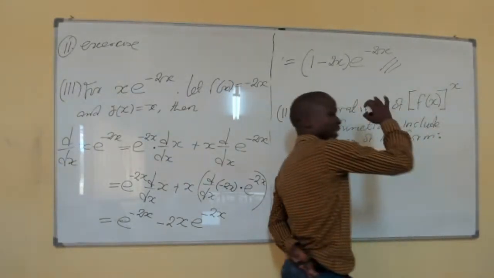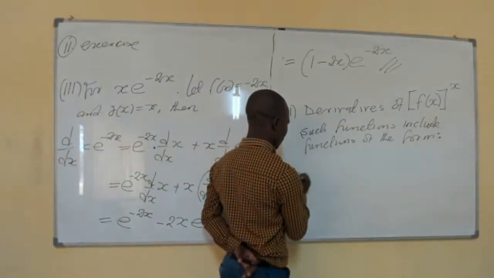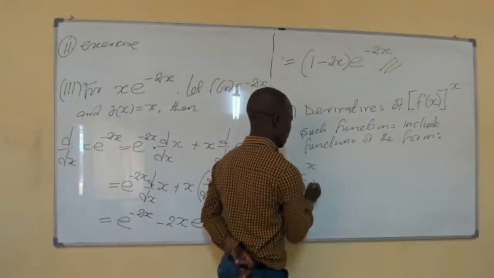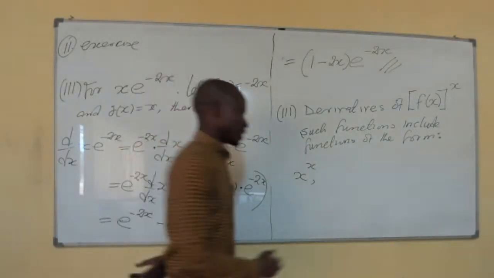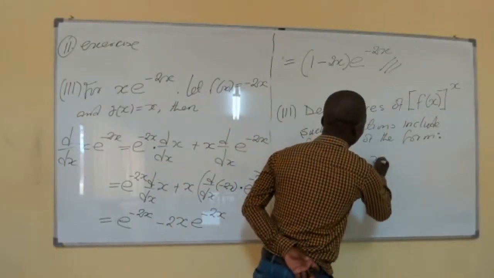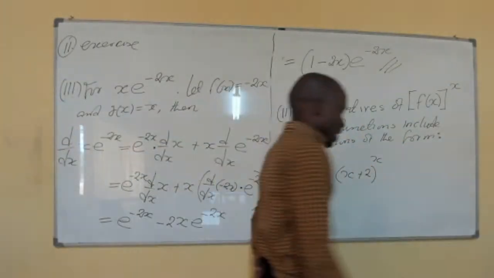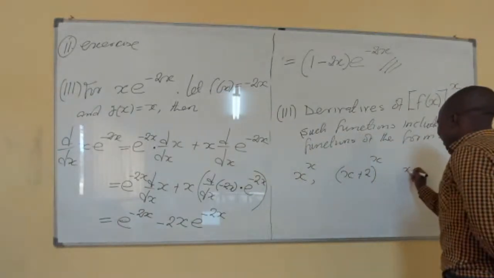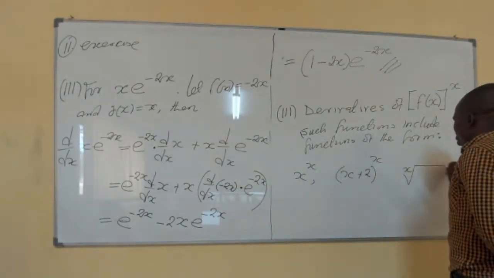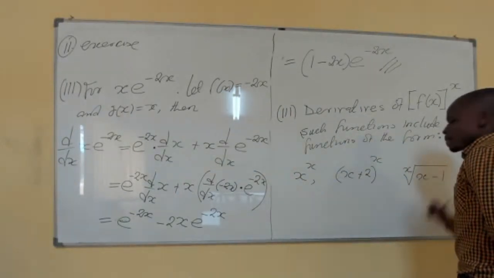So the type of functions that can be written in that form, for example, if they ask you to find the derivative of x to the power x, or the derivative of x plus 2 to the power x, or a function such as the xth root of x minus 1.